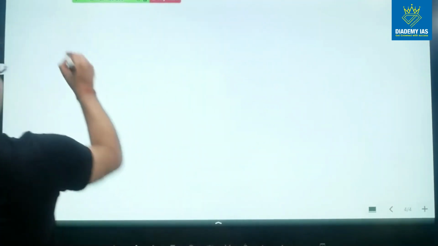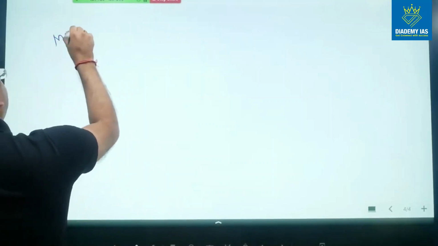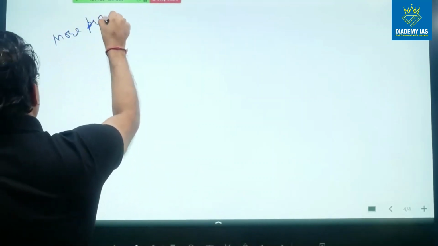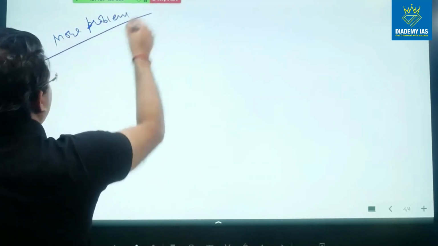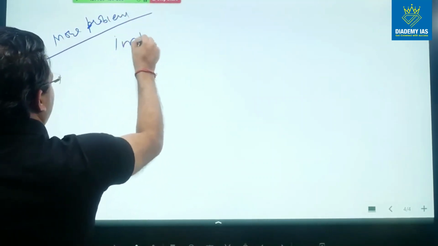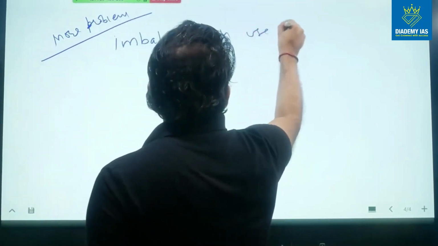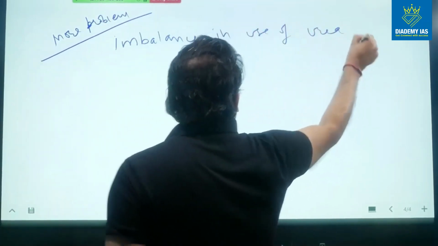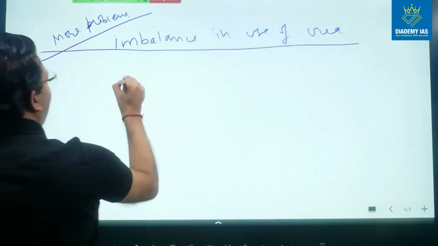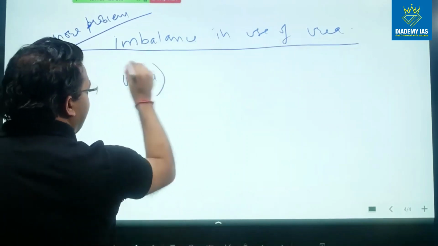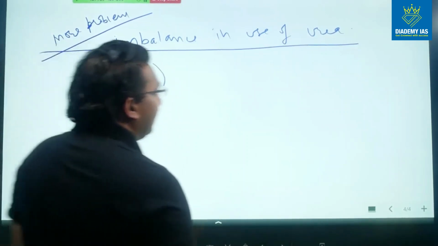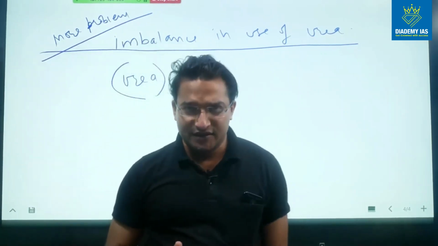Now there is one more problem in the fertilizer sector. The imbalance in the use of urea, right? So basically this urea gives an instant result, and it is available at a subsidized price.